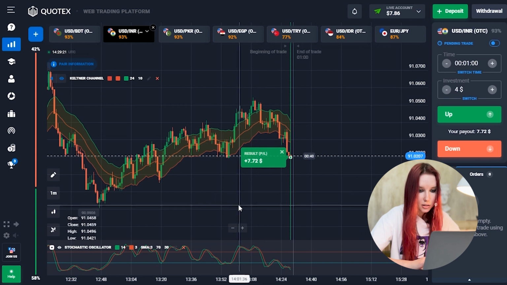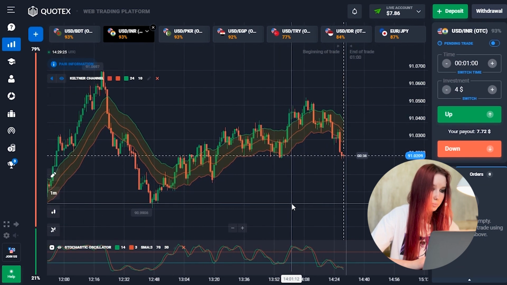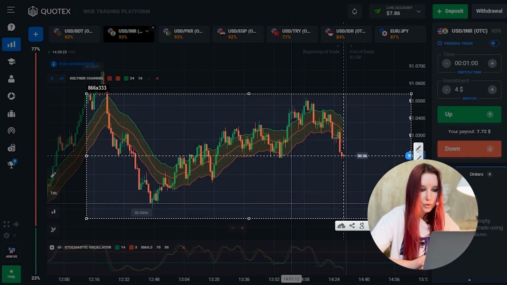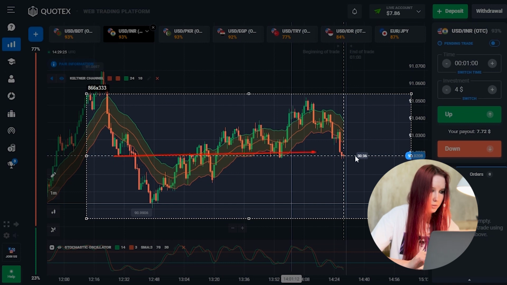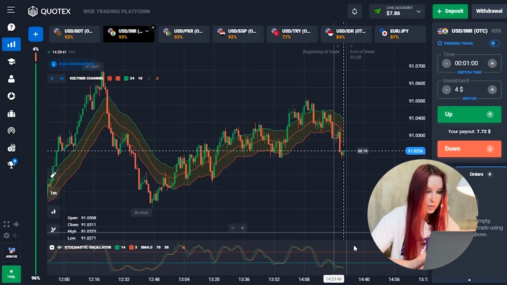The body of the candle is almost missing, and the wicks are really long above and below this candle. Also the price has reached the support level for the umpteenth time, and as you see, the price has started to rise. It was a very local pattern that told me about the local reversal.